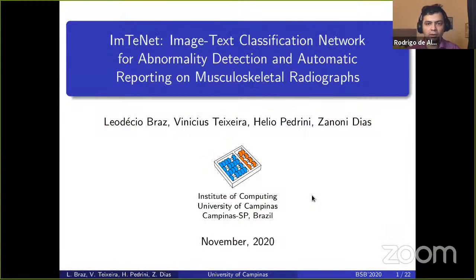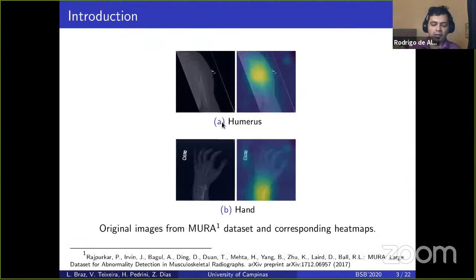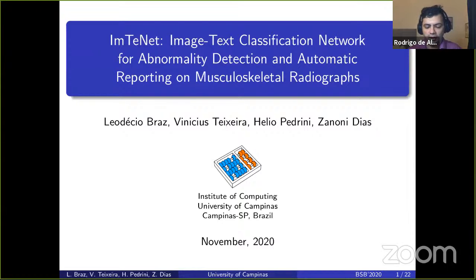Okay, are you ready? Okay, I will share my screen now. So, and now for something different, I'm gonna move away from the subject of genome rearrangements and distances, and see a paper on the classification of medical images.